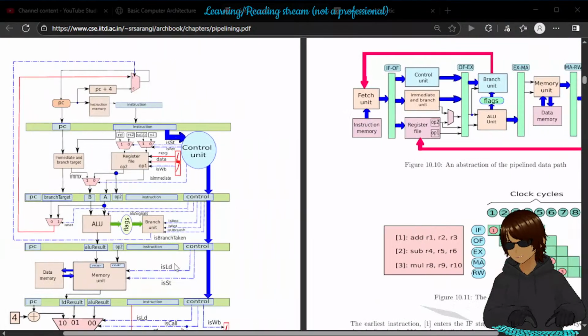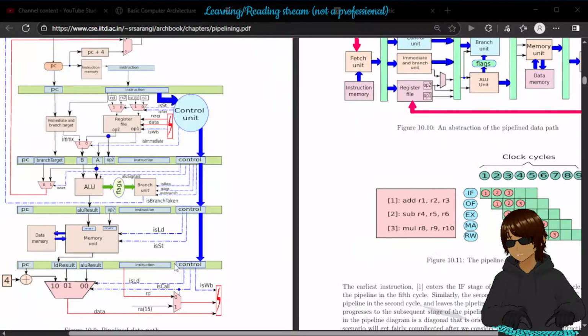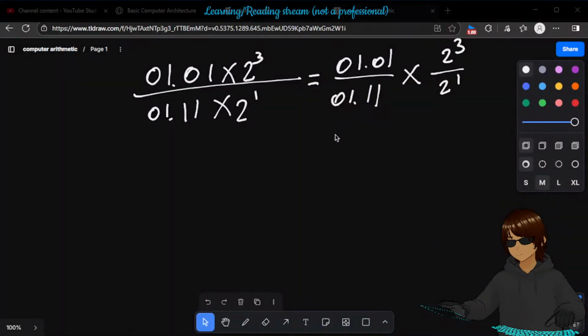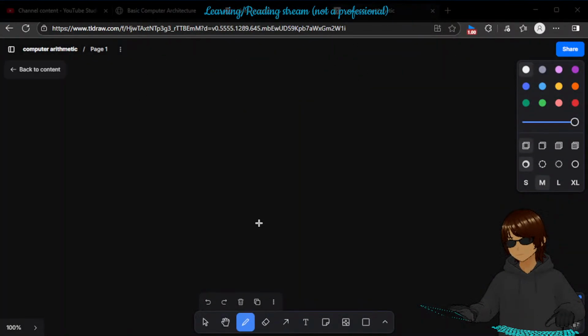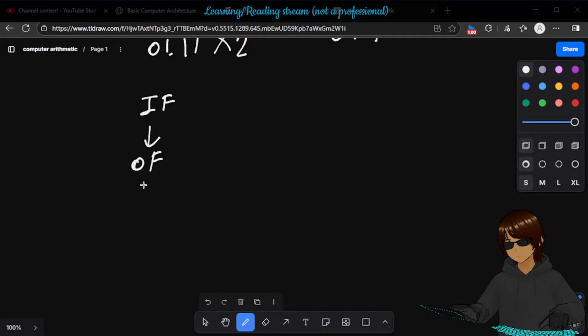Now, the thing is, in order to save time, I'll try to explain it. You have the instruction fetch stage, then operand fetch, then execute, then memory, and then register.